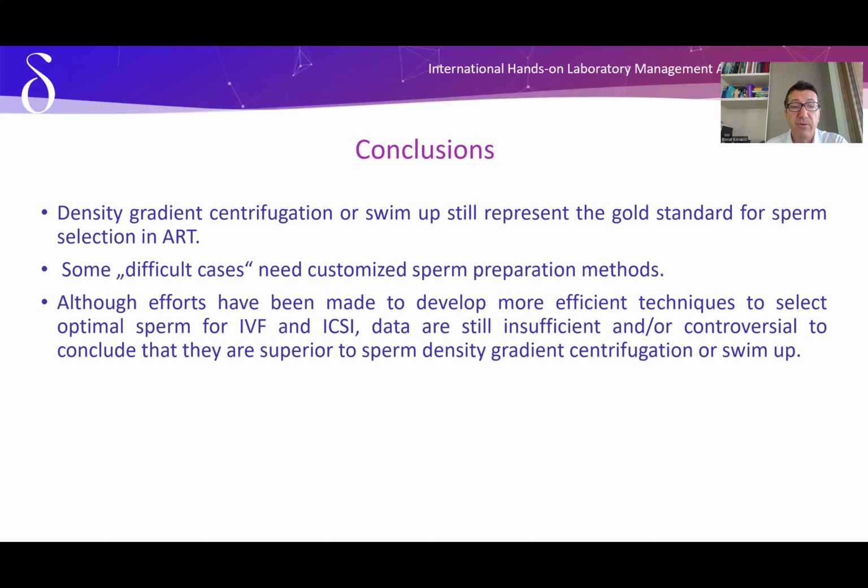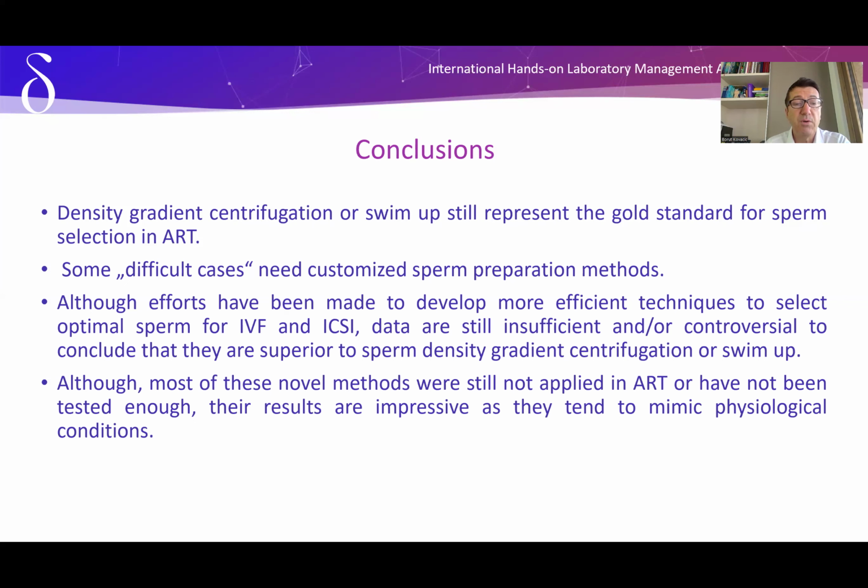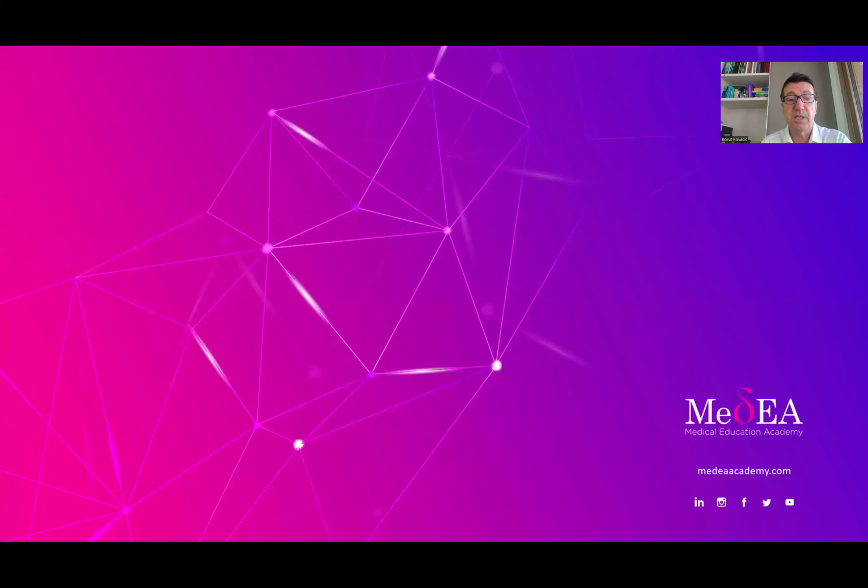And although efforts have been made to develop more efficient techniques to select optimal sperm for IVF and ICSI, data are still insufficient or controversial to conclude that they are superior to sperm density gradient centrifugation or swim-up. And although most of these novel methods are still not applied in routine ART or have not been tested enough, the results are very impressive as they tend to mimic physiological conditions.